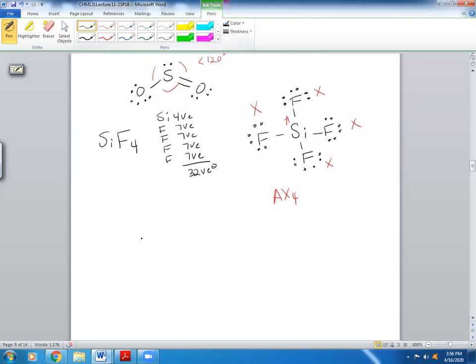So to draw this, you would do it this way. Si, F on the top, F at an angle here, and the wedged and the hatched line.